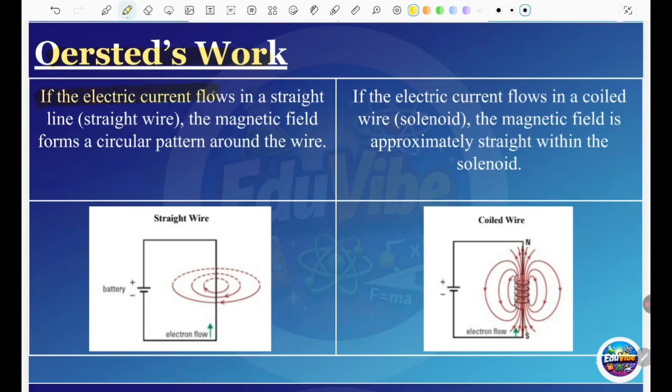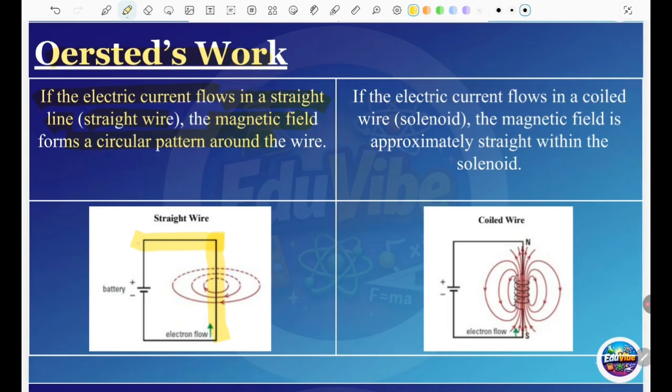The first one is when electric current flows in a straight wire. When the electron flow goes through this wire, what type of magnetic field do we get? In that case, we get a magnetic field in a circular pattern around the wire.